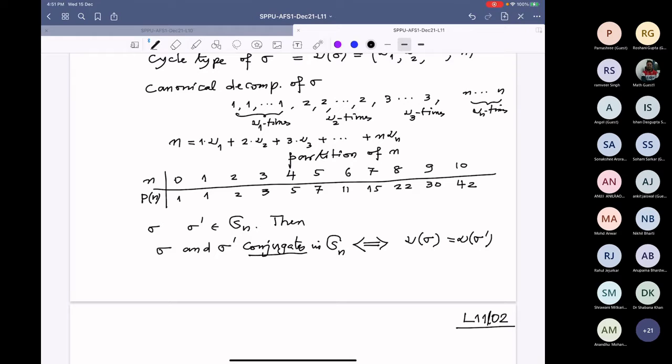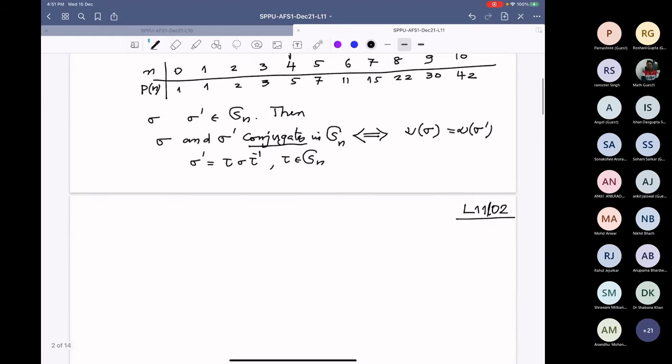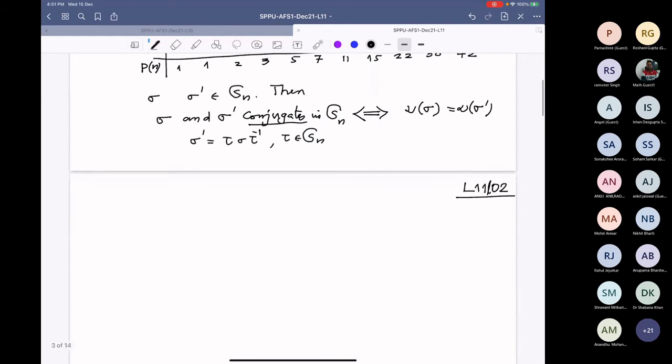And conjugate means sigma prime is some tau sigma tau inverse, where tau is a permutation. So now if I want to compute a conjugacy class of a permutation, then I have to count how many partitions are there.